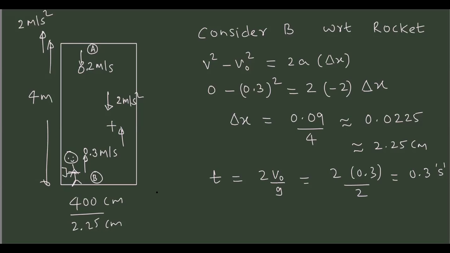But even if it comes with 0.3 meter per second, the 2.25 centimeters is always near the floor, right? It's very close. So can I say A is going to meet B only at the floor, almost at the floor? So that means the answer is just looking at the time taken by A to go to the other side.